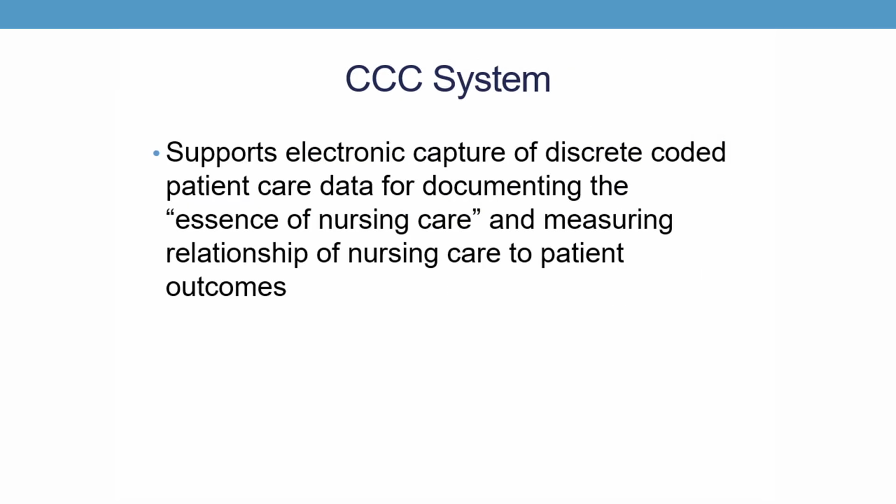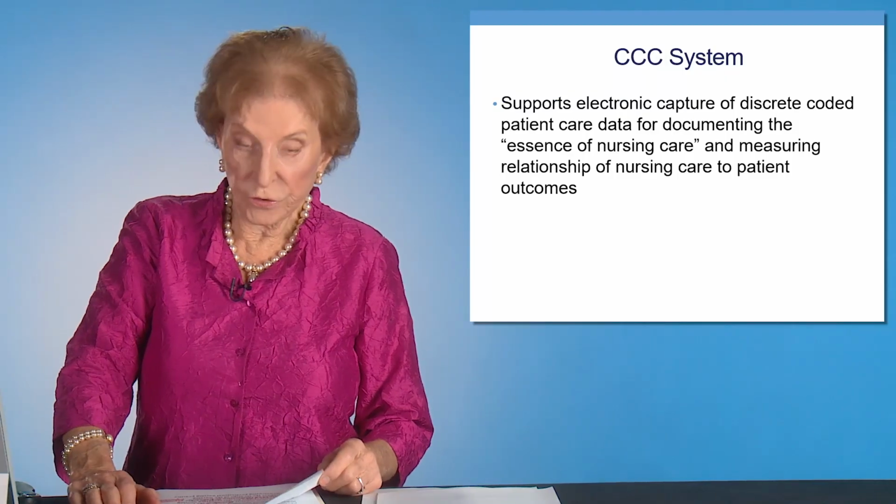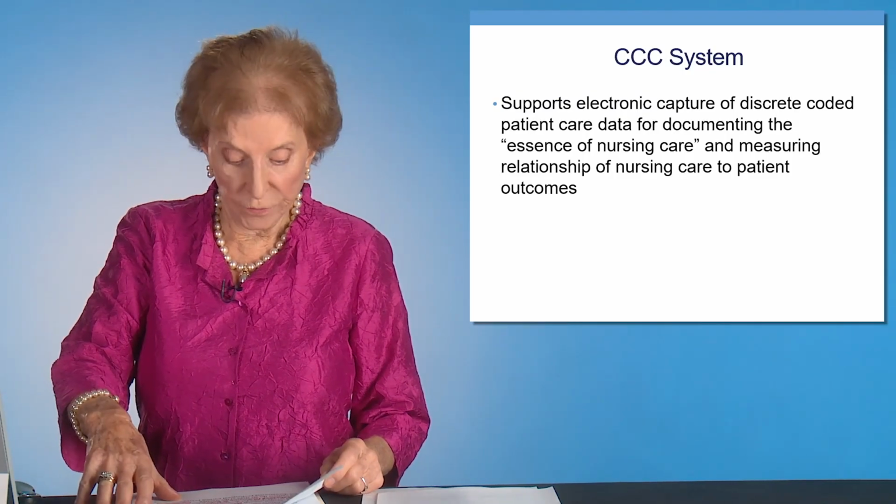The CCC system supports the electronic capture of discrete coded patient care data for documenting the essence of care that measures the relationship of nursing care to patient outcomes. The CCC system consists of two parts.